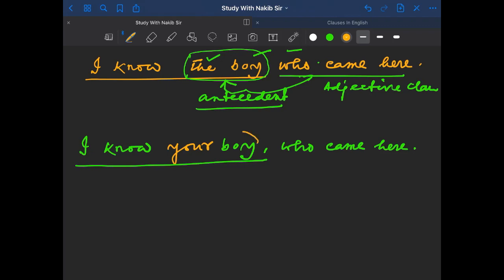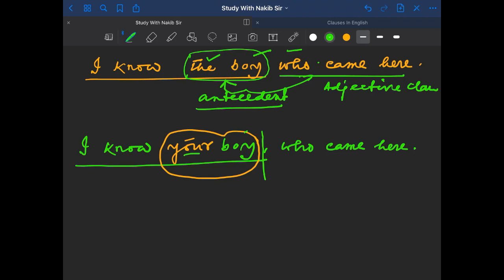The identity of the boy is complete with the use of this word your. So the word your is used here to define the boy, to give the identity of the boy. So the boy is already defined or identified. It needs no other definition or description. For this part is complete. I know your boy. I know your boy means your son.